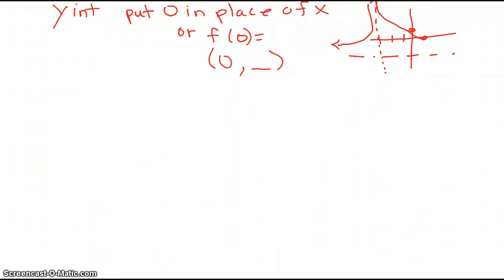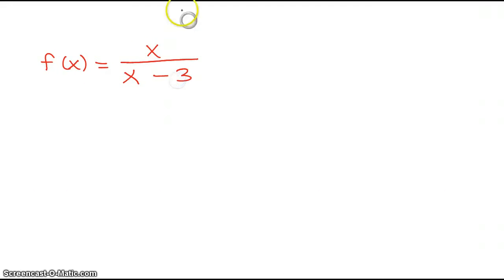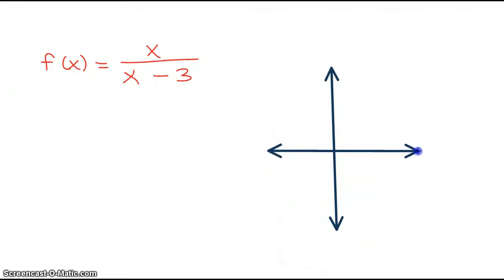So let's just take a simple example. Let's say f of x is x over x minus 3. So I'm going to start by drawing myself a graph. Now in pre-cal, I will not ask you to actually tell me the RATEY.